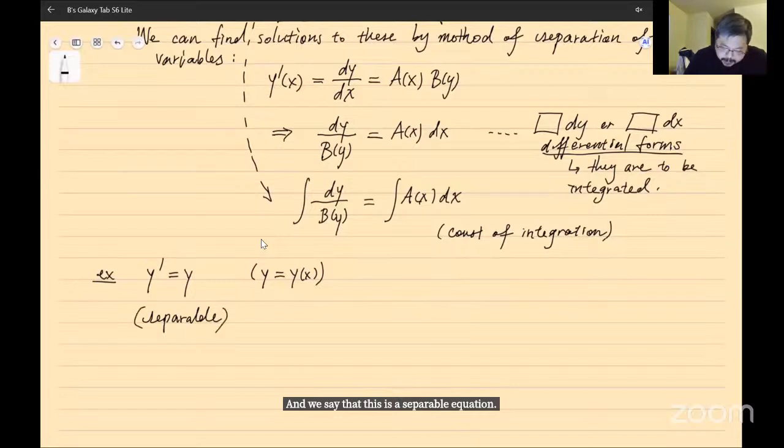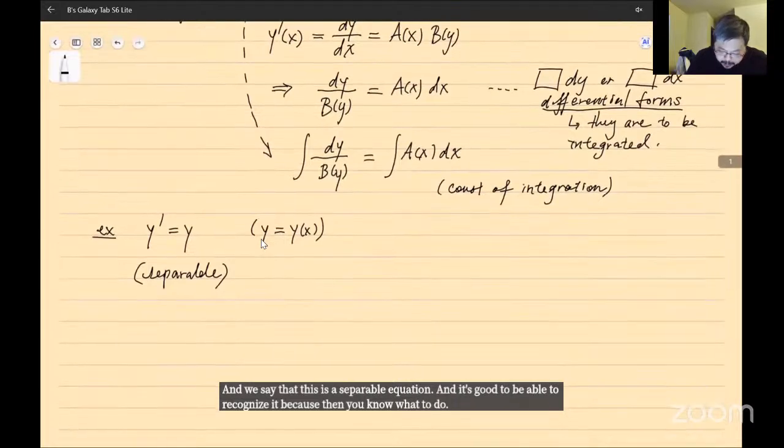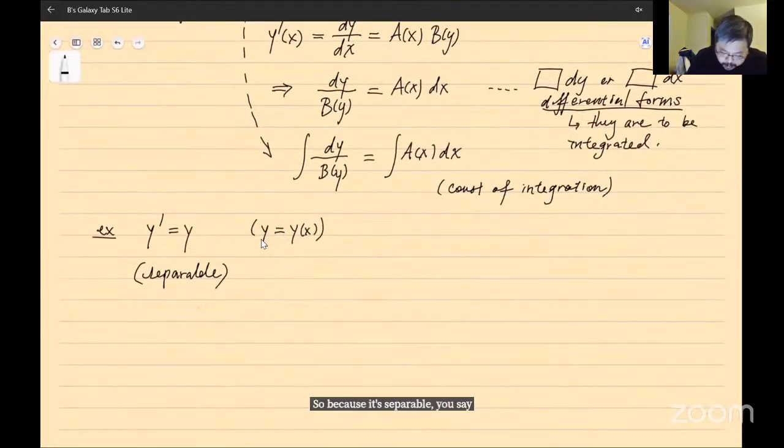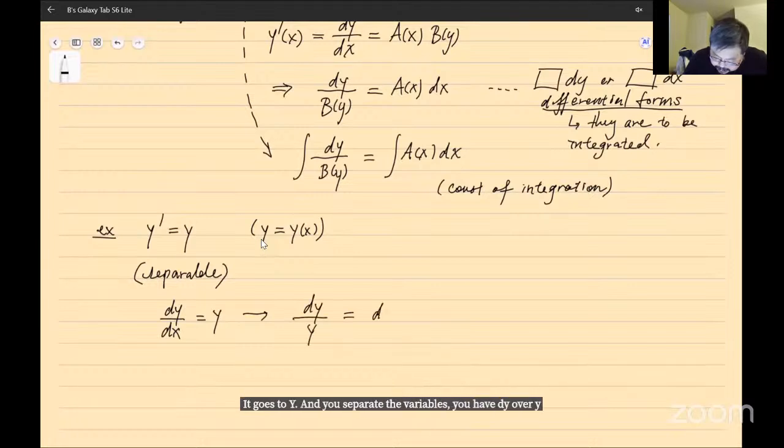It's good to be able to recognize it because then you know what to do. Because it's separable, I write y prime as dy/dx, so I have dy/dx equals y. And you separate the variables: dy over y is equal to dx. So we separated the variables.